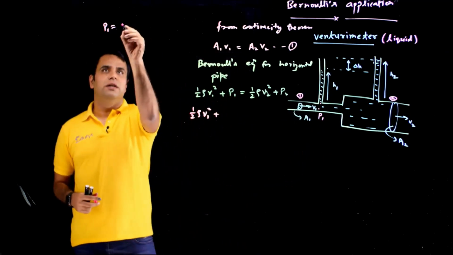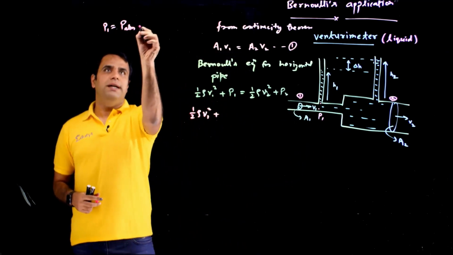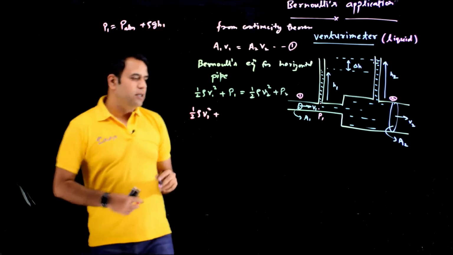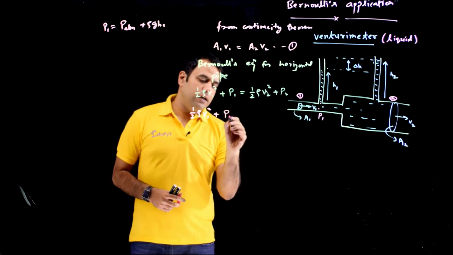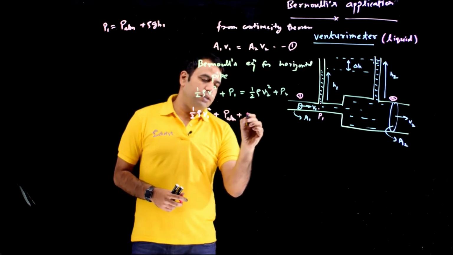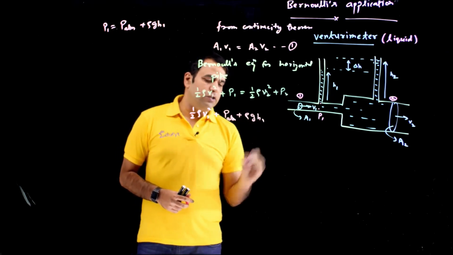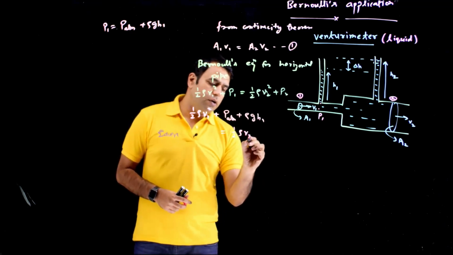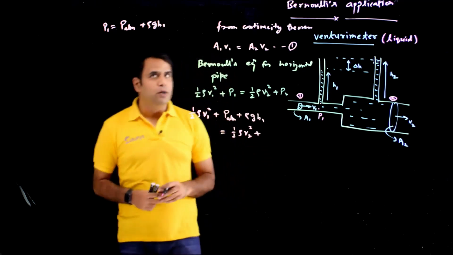So it becomes P atm, atmospheric pressure, plus rho g H1. So in place of P1, I can write P atm plus rho g H1, and that equals half rho V2 square plus P2.